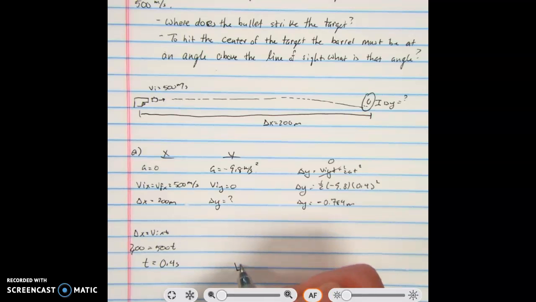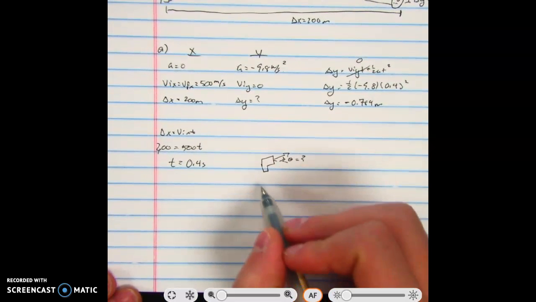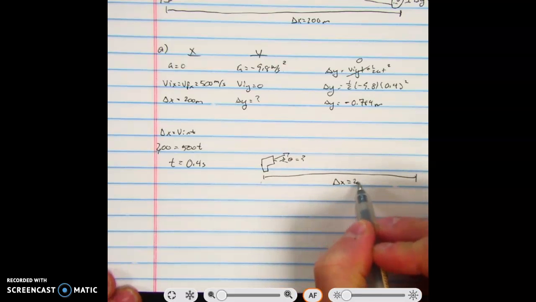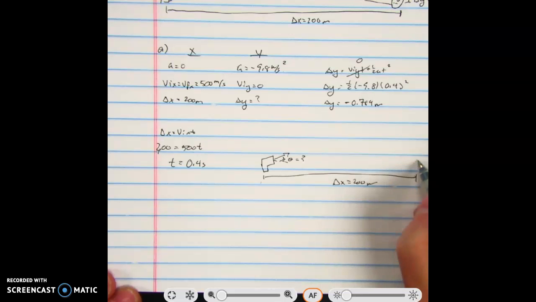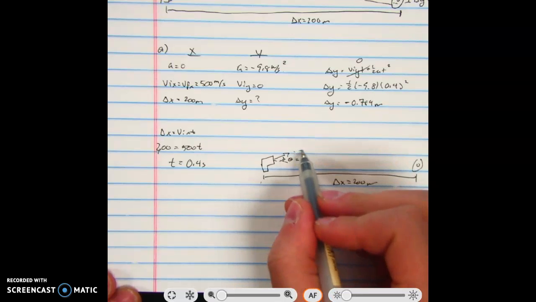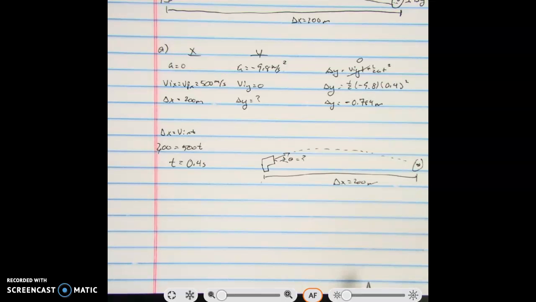Now for the second part, if I was to take this rifle and launch it at some angle theta, what would that be? It's still going to travel 200 meters. We just now want that when it goes through its progression, it's going to strike the target.